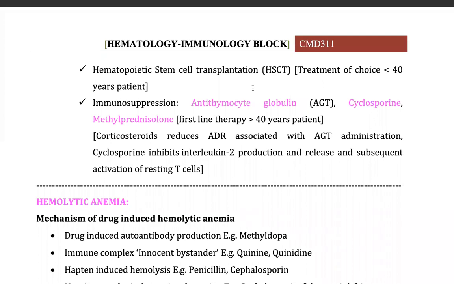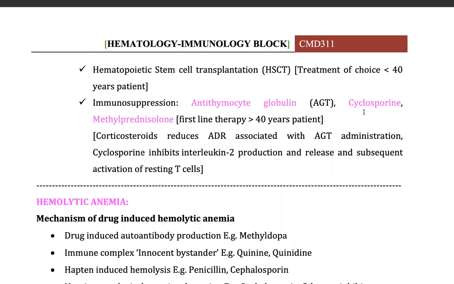So please take a note about hematopoietic stem cell transplantation if the patient is less than 40 years, and take a note of anti-thymocyte globulin if the patient is more than 40 years.